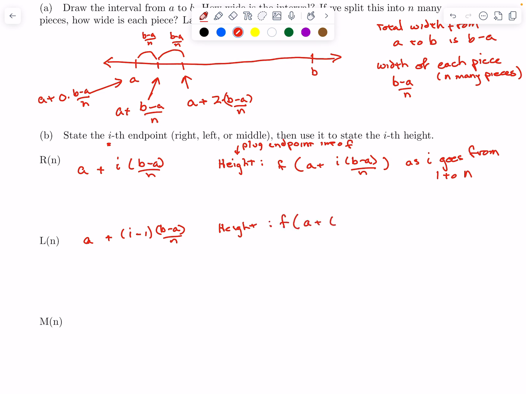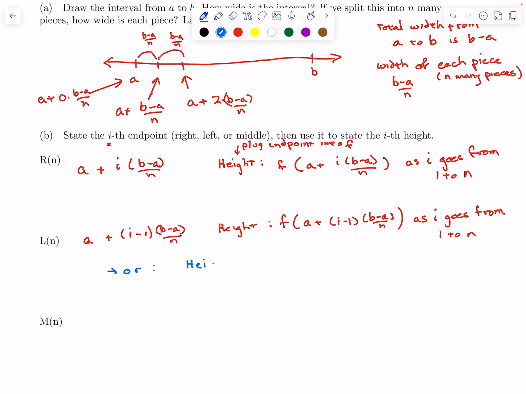You can see where the parentheses start to add up. Fortunately, b minus a over n is a number, so that doesn't need its own parentheses when you start typing it in. Now with series, you can have bounds that don't have to go from 1 to n. You could go from 0 to n minus 1.